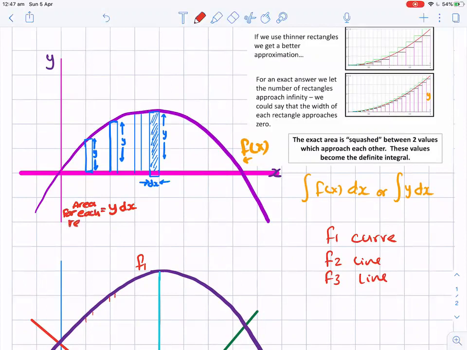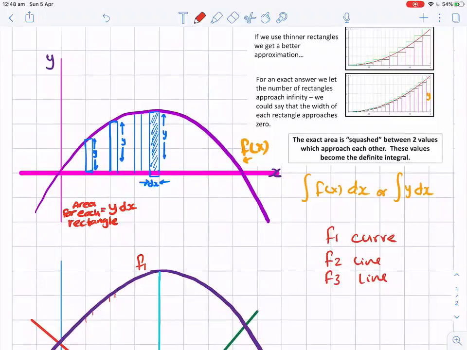Because under the curve we have this big area, we can split it into many very thin rectangles, whose thickness nearly approaches zero.